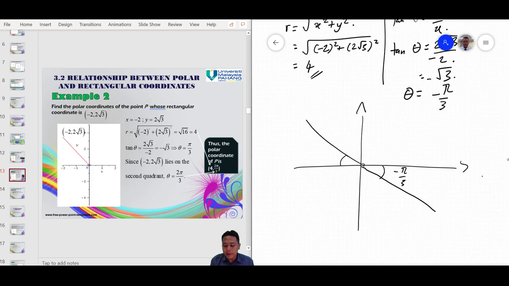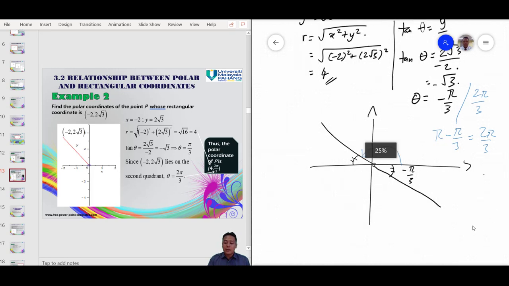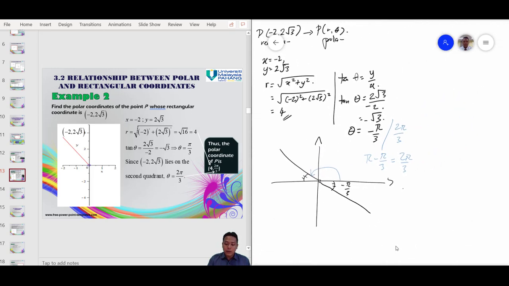This angle is equivalent. Therefore, if you want a positive angle, anti-clockwise, it will be pi minus pi over 3, which is equivalent to 2 pi over 3. So to combine it in the form of polar coordinate, P will be 4, 2 pi over 3.